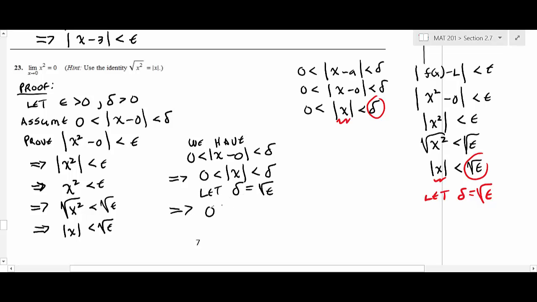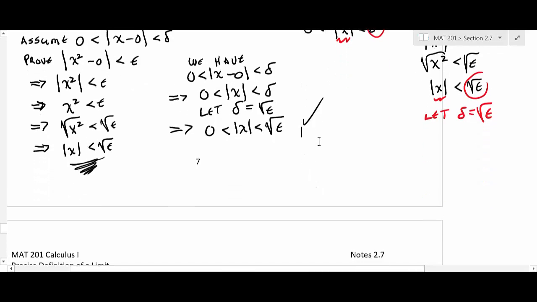So therefore we would have 0 is less than absolute value of x is less than square root of epsilon. And see, this is what we were trying to prove, so we just proved it. Okay, just by letting delta be equal to the square root of epsilon. Remember, we're trying to find a delta that will fit within the delta band around the value a.